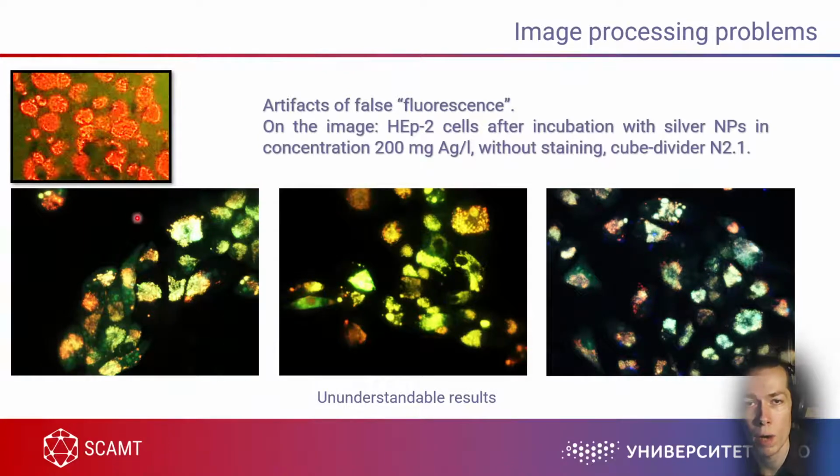But how did I obtain these images? I just left my sample on the table for 2 days. So this was unfixed cells, just stained with acridine orange, and I just left them on the table and obtained this. Of course, I understand that this is not a proper microscopic technique, but sometimes you can observe something quite ununderstandable, even if you use a proper technique.